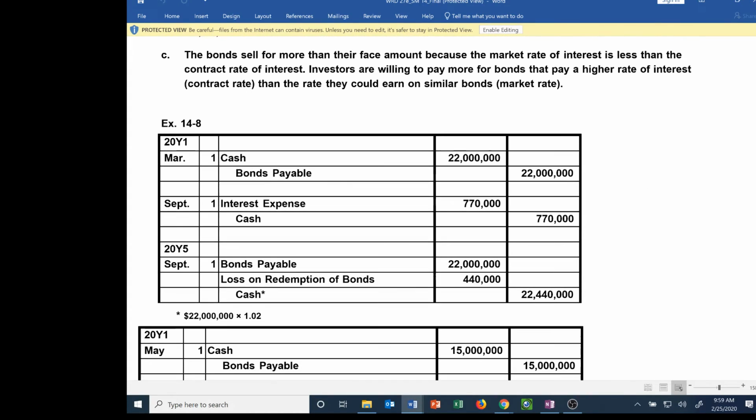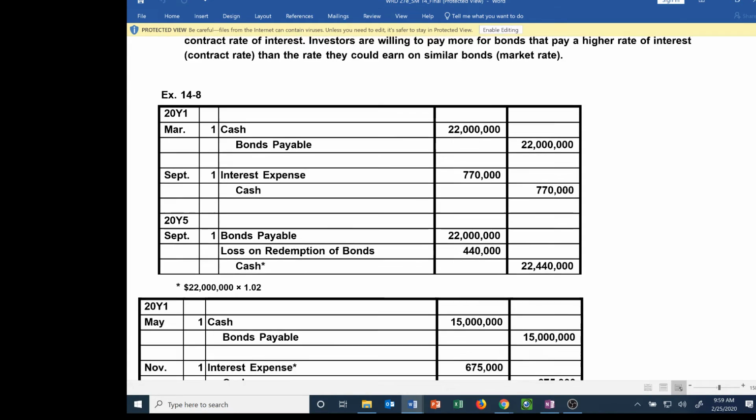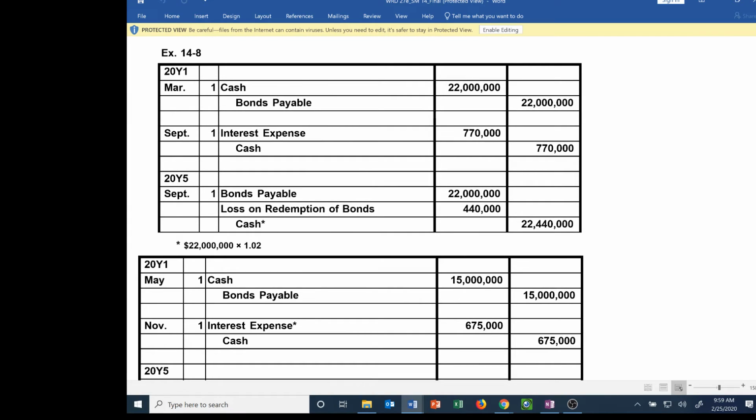Now let's look at it. That's all you're doing. But pay the interest on the bonds. 4.5% of 15 million is how much? 4.5% of 15 million. All right, 675. So debit interest expense, and credit cash.